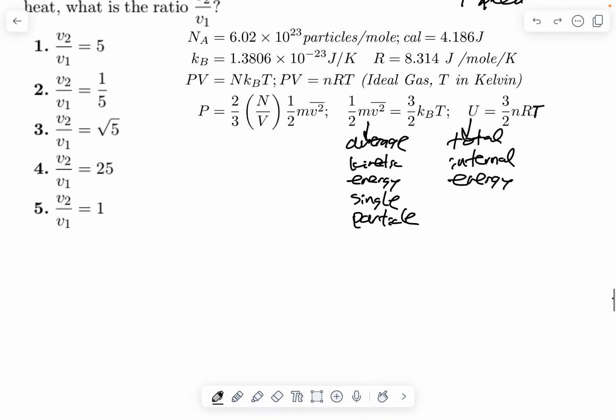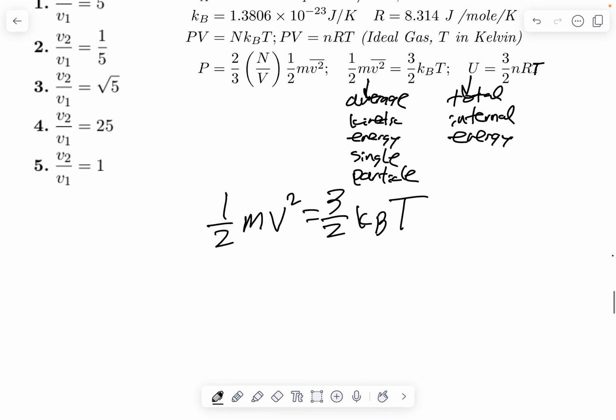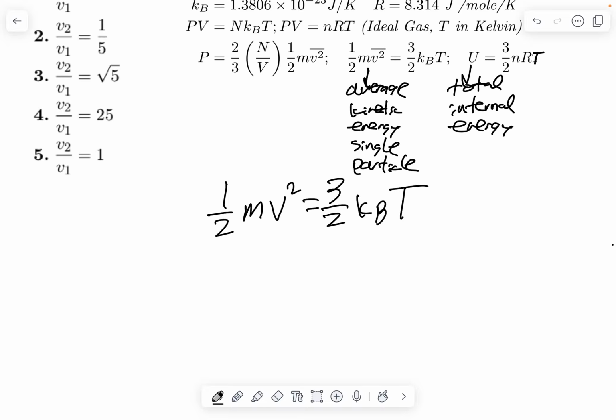Okay, so I'll just do 1/2 mv squared is equal to 3/2 Boltzmann's constant times temperature. If we know the temperature, which they gave to us, and we know Boltzmann's constant, it's a number, we can use that to solve for the velocity. Since we're solving for a ratio, we'll put V2 and T2, and 1/2 mv1 and T1.